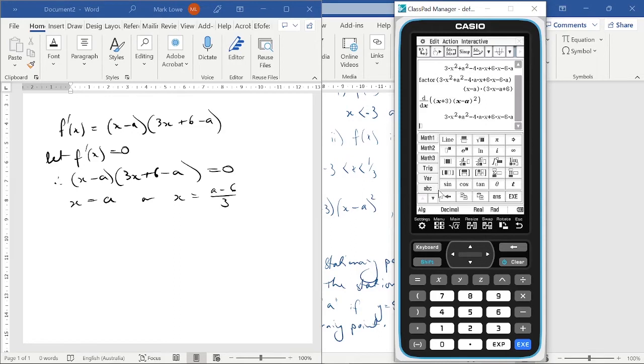Okay, so we've got our derivative, and we can then of course use the solve button, so we can just solve our derivative equaling 0, but we want it as its exact value. Okay, so we've got those two solutions, x equals a or x equals a over 3 minus 2, which is the same as a minus 6 all over 3.